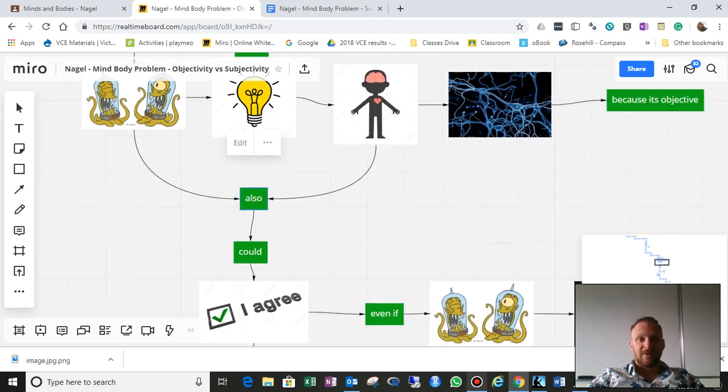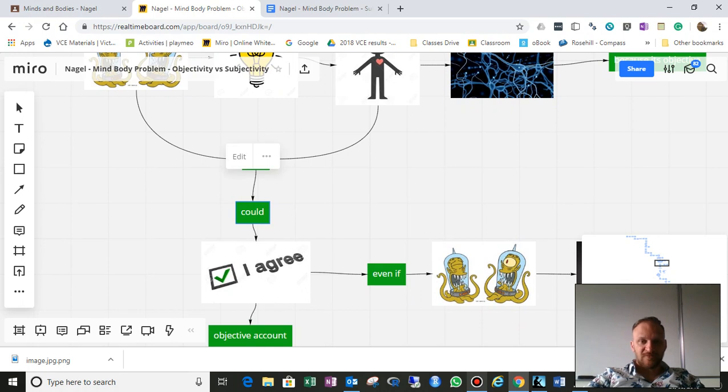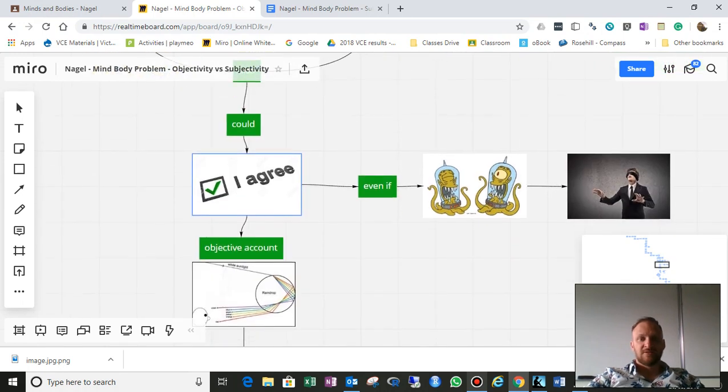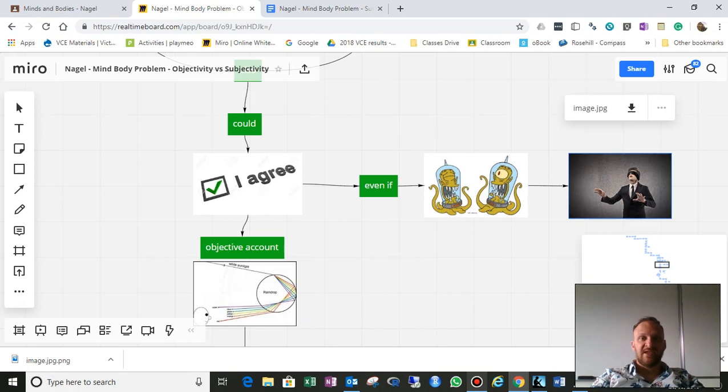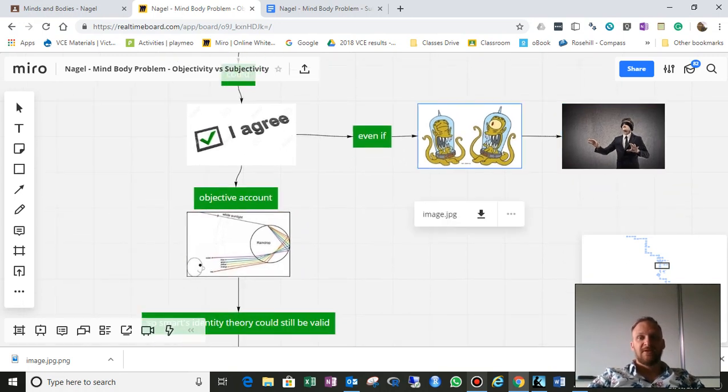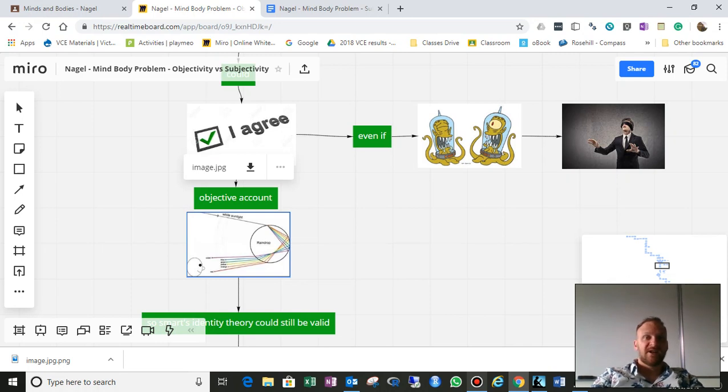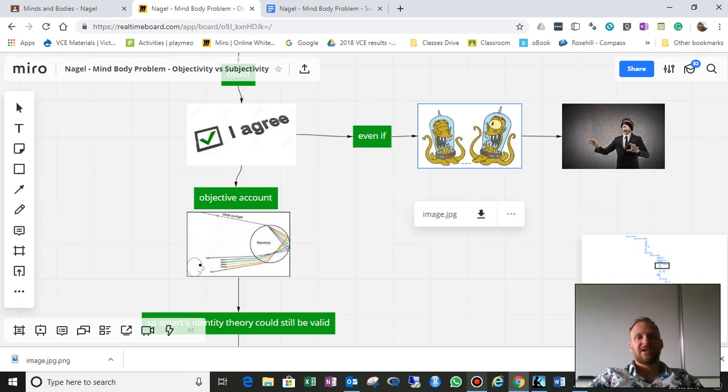And also, we could even agree on the objective account of how a rainbow occurs, even if that alien was blind or didn't have visual senses, because we could argue that the alien would somehow understand the objective phenomena of a rainbow using other senses, or it just has an understanding of the objective phenomena outside of us, okay? Which is very different from getting the alien to understand that first-person point of view, the subjective phenomenal experience of a human being, all right?